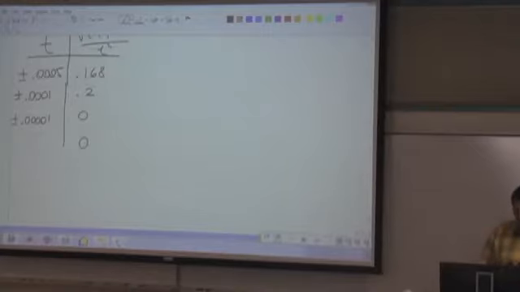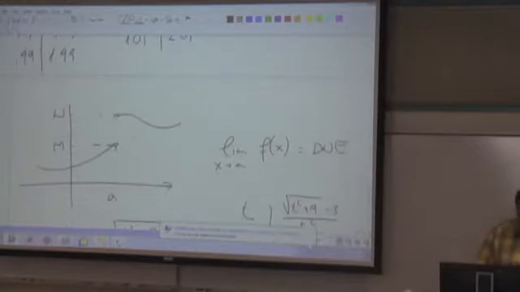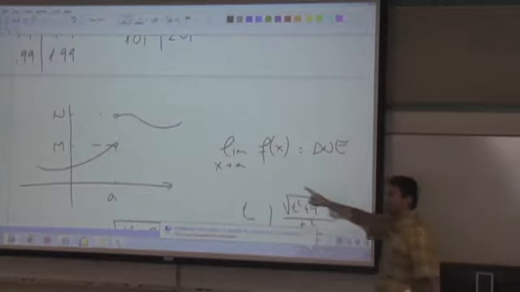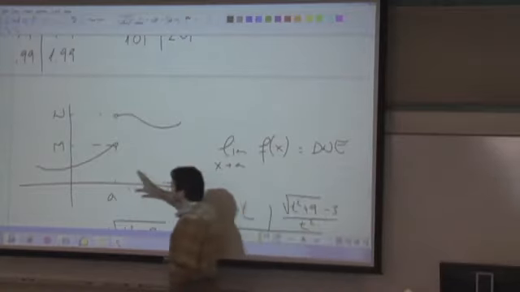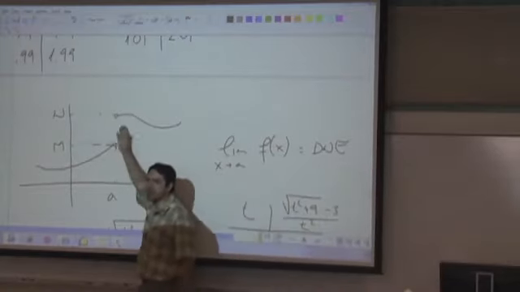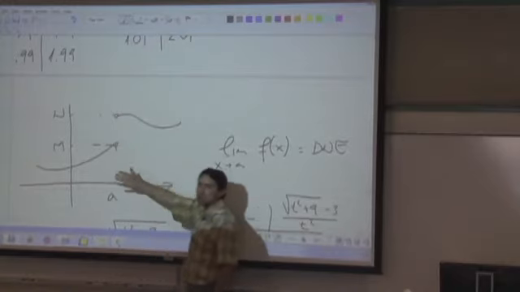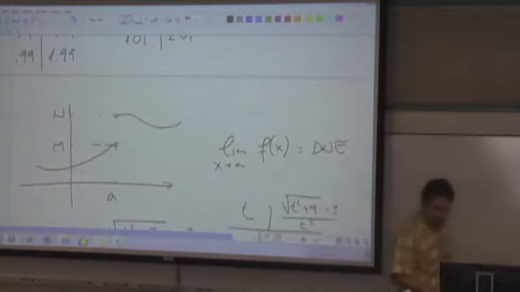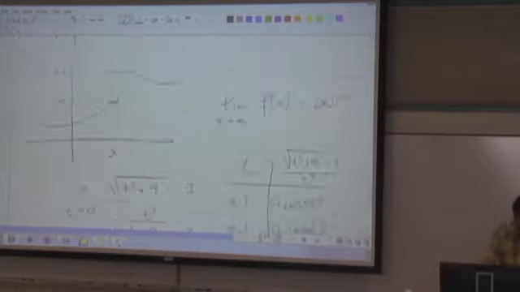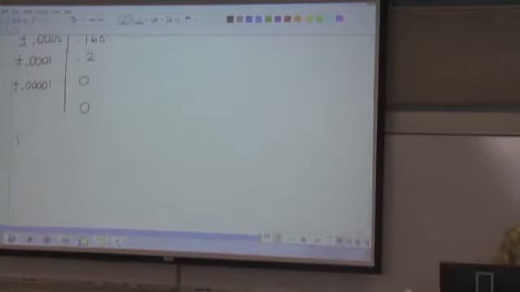So, notice we talked about the situation, right? And I said that we will have side limits, but I never actually defined them. So let's talk about what a side limit is. Definition.